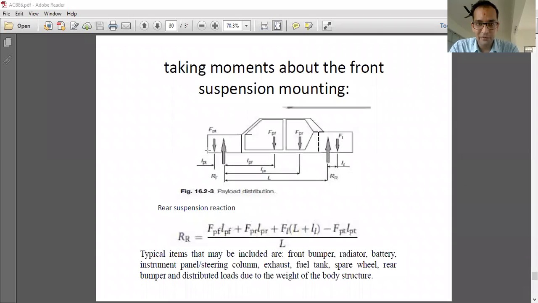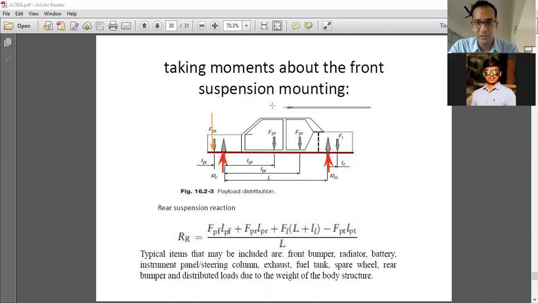I'll go on having a beam like this. There are certain reactions to this beam, and certain loads acting on those components, and those loads are going to be configured like this: vertical downward direction.